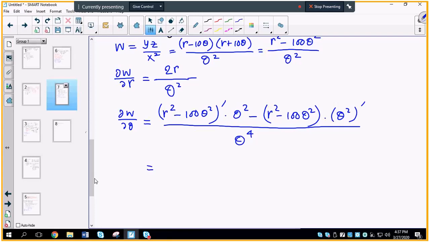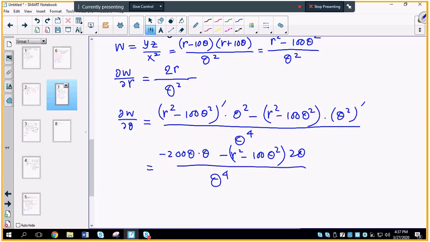Derivative of r squared with respect to theta is 0, but derivative of negative 100 theta squared is negative 200 theta times theta squared. Then you have minus r squared minus 100 theta squared. Derivative of theta squared is 2 theta, all over theta to the power 4.